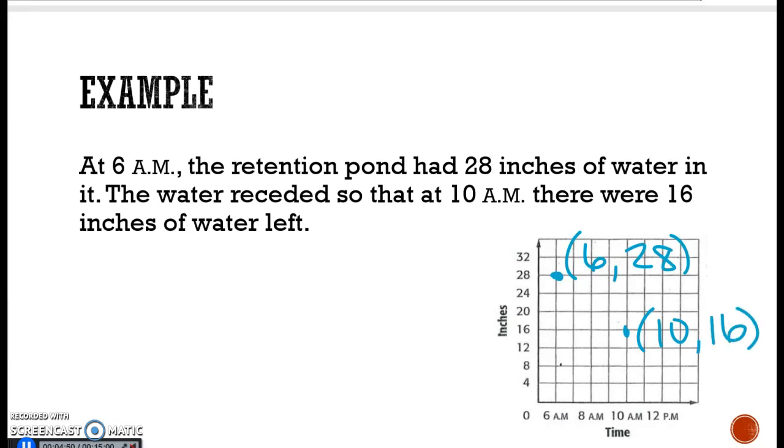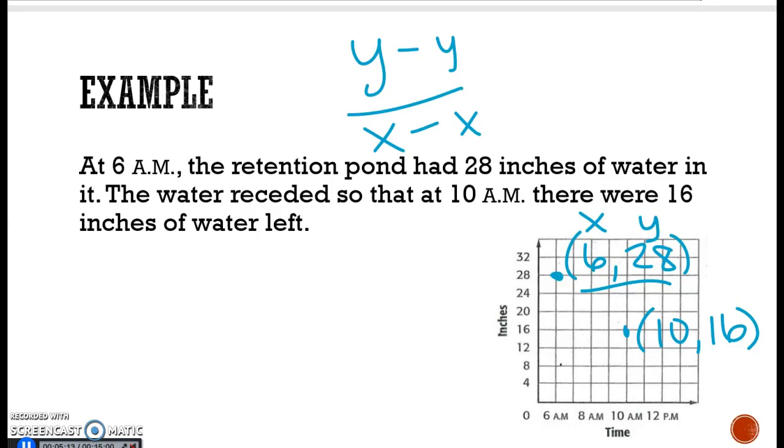Just like I did on that last one, remember we always subtract the y's first, and then we subtract the x's in the denominator. The first spot is the x, the second spot is the y on an ordered pair. So I am going to do the y's first, and I'm going to pick one of my points, and it needs to be in the first spot on the y, and then again the 6 will be in the first spot for the x.